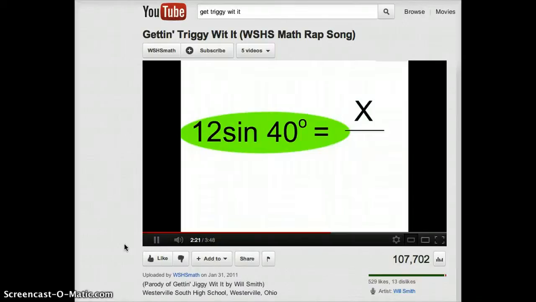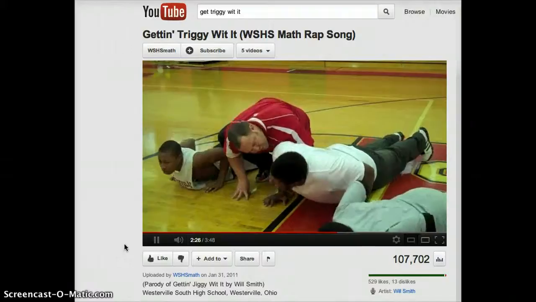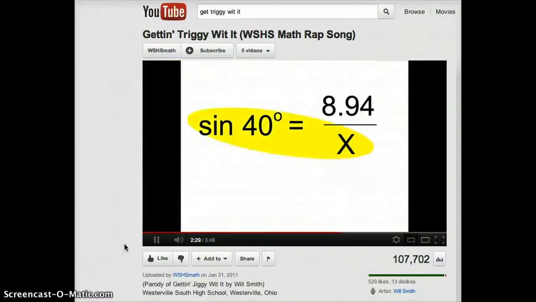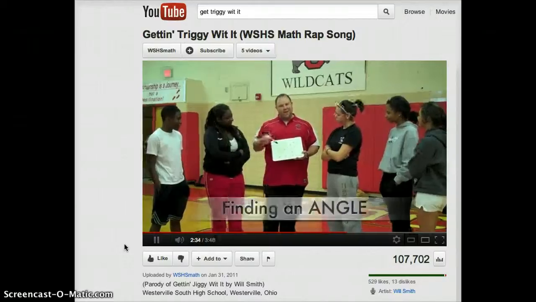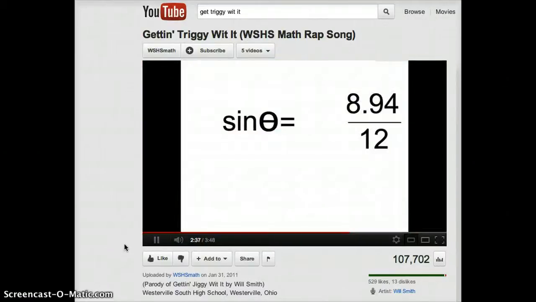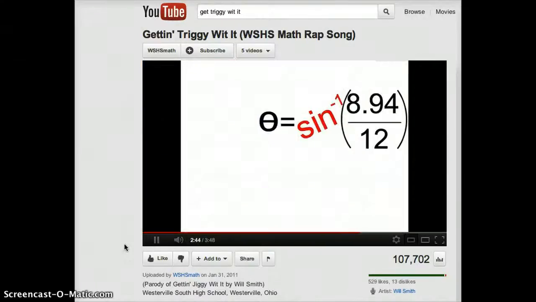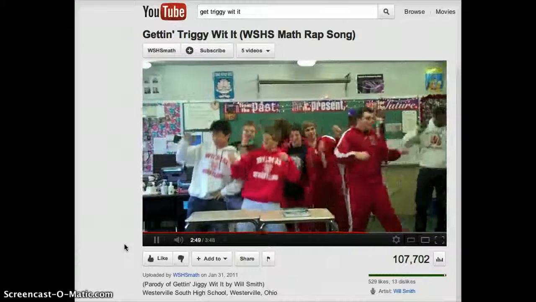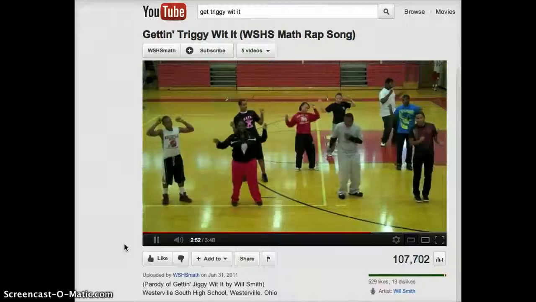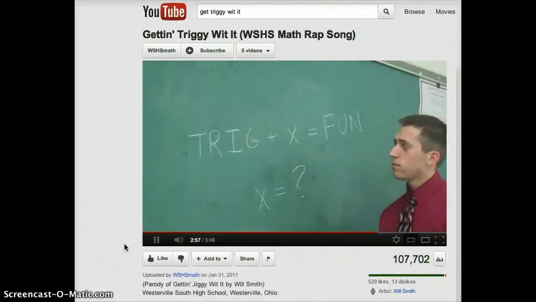Only divide if X is down below. Last case, it's angle finding time. The theta is the goal, get it alone. Take the inverse of the numbers on the right, hit equals and show it off. Now you got it. Get tricky with it.